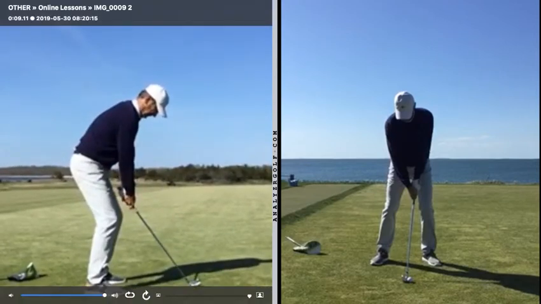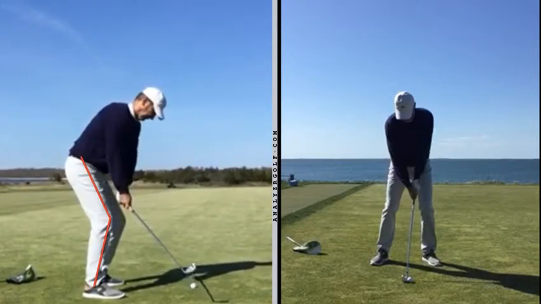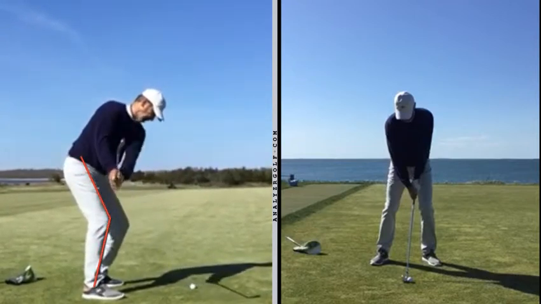You start with what I would consider a reasonable amount of flex in your trail leg, or in both knees. Where I see the issue is throughout the course of the backswing, your knees don't change flex very much.